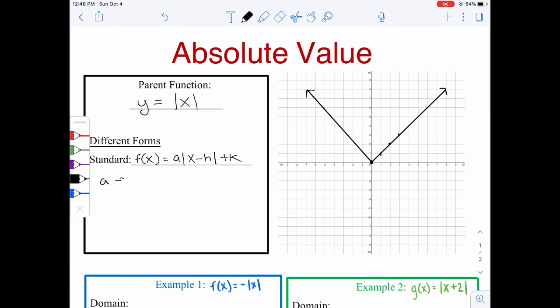A will be a number that controls how flat or steep the line is. H will control movement horizontally. And K will control vertical movement.